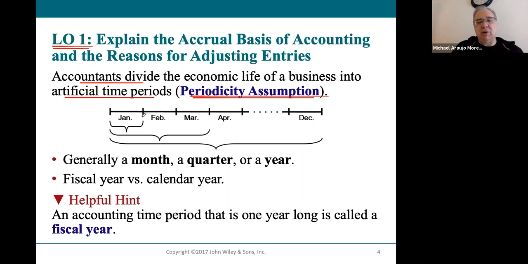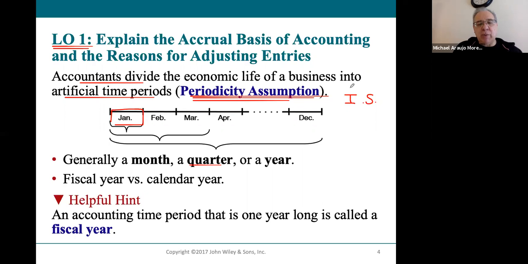We measure various things, specifically when you look at the income statement, right? The income statement is a measure of revenue and expenses, but we do it periodically. We do it for a period of a month. We also do it for a 3-month period, which we call a quarter.